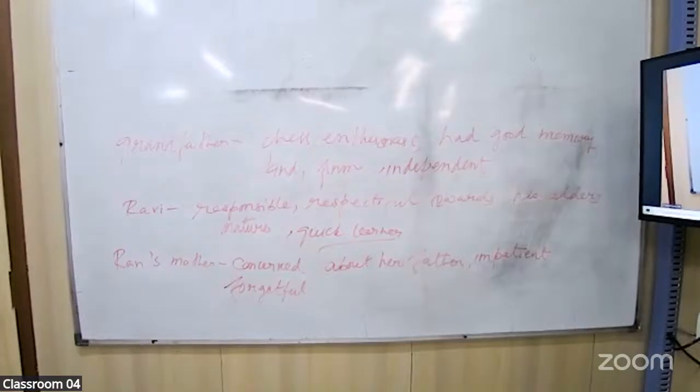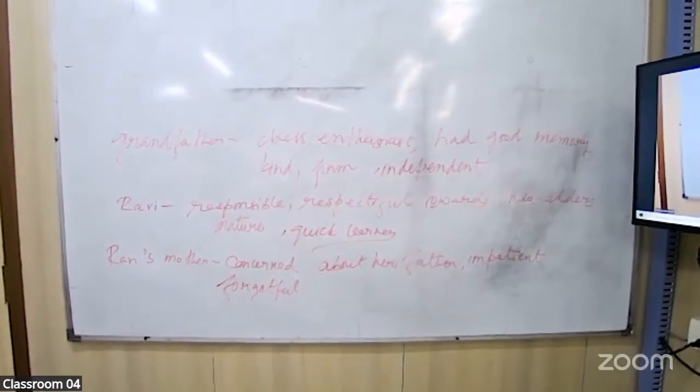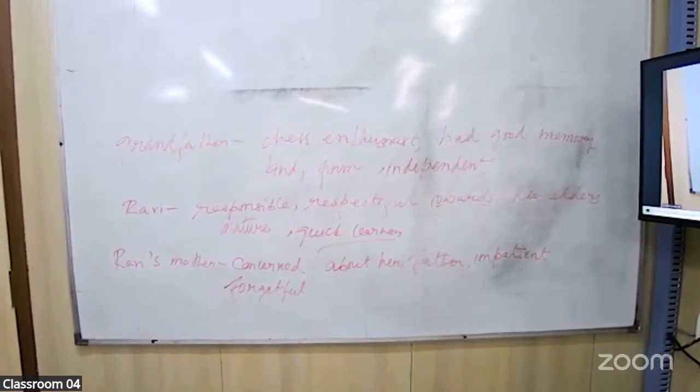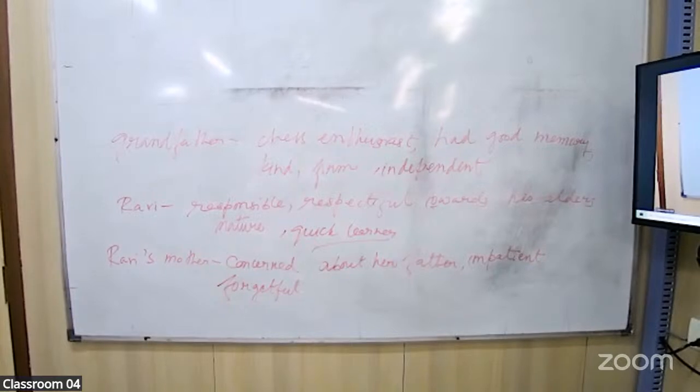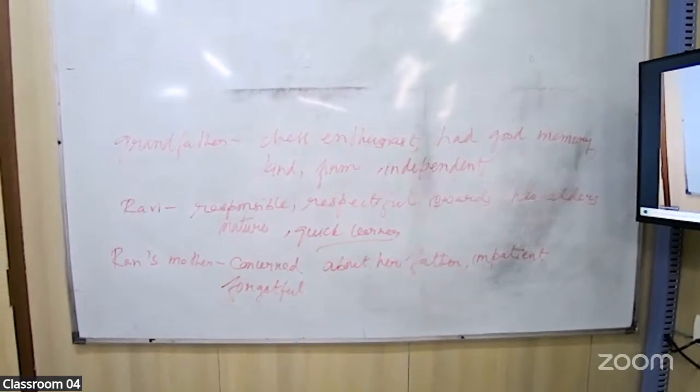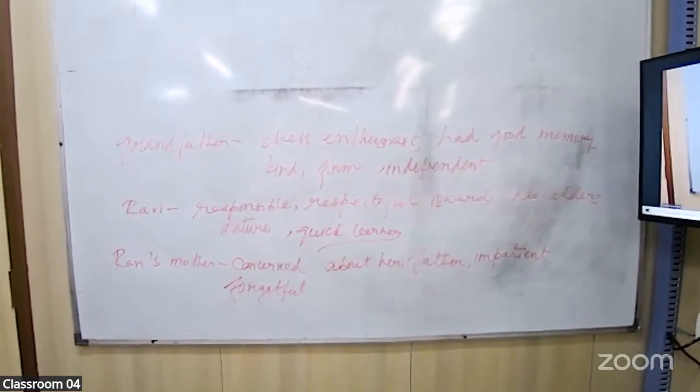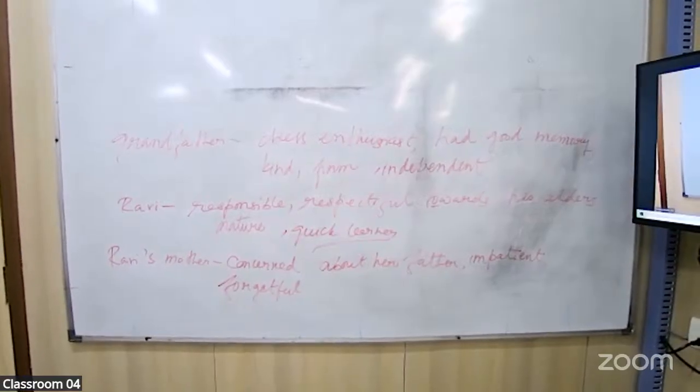Towards the end of the story, grandfather gifted Ravi a book titled The Best Detective Stories, which would help him. I'm dictating right now. You have to write in direct speech.